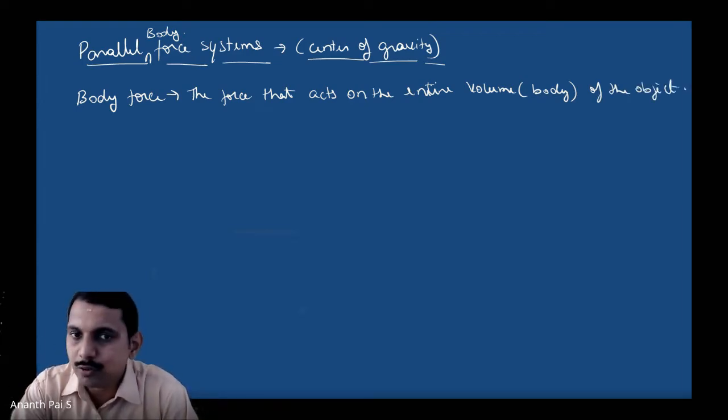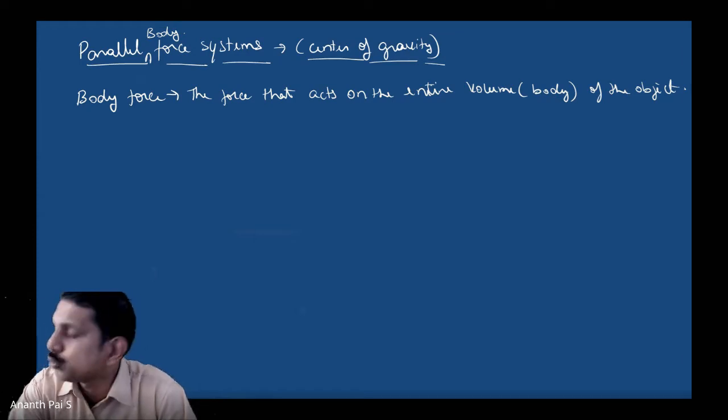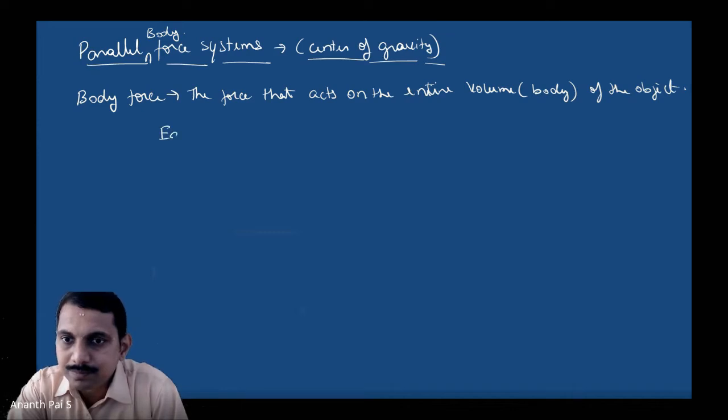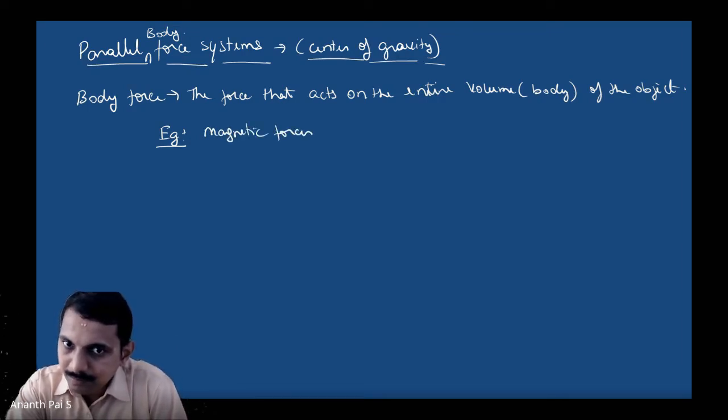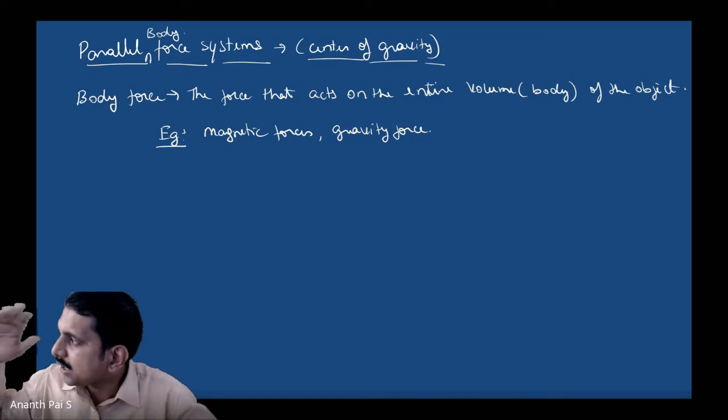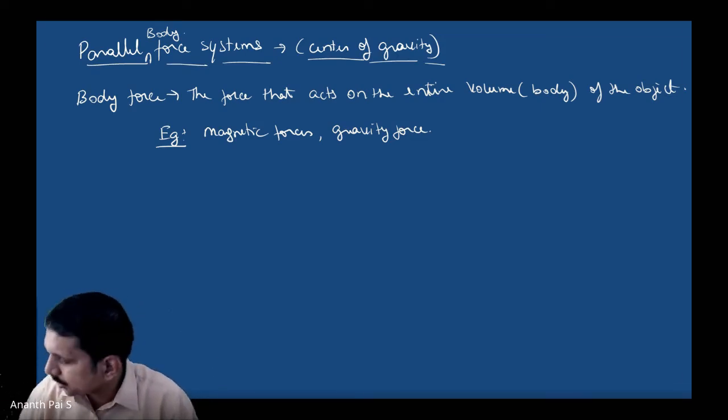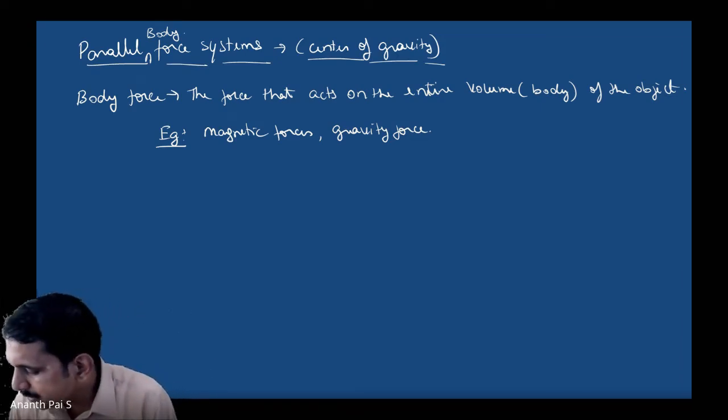The body force is the force that acts on the entire volume of the object. Right? Examples are magnetic forces and gravity forces. This acts entirely on the system itself, the total volume, correct?